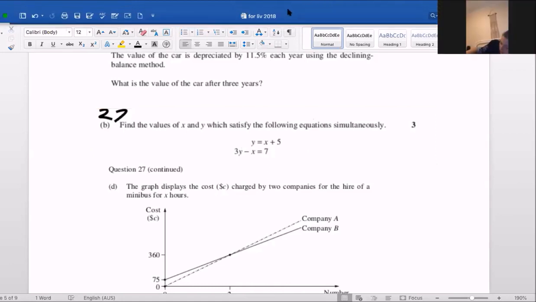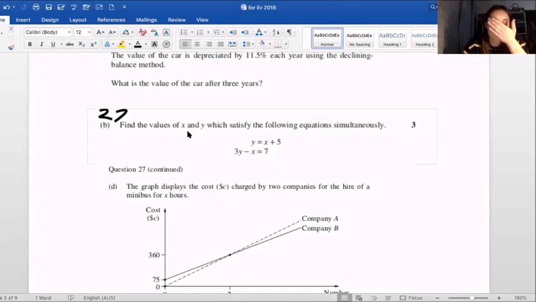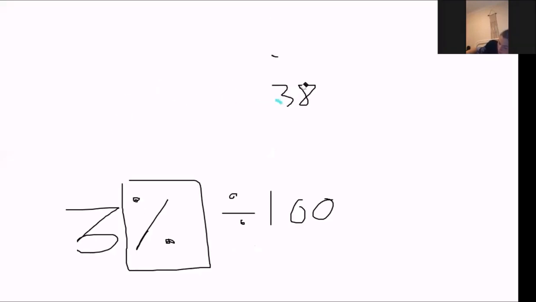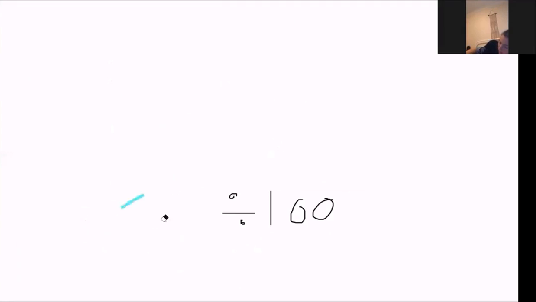Okay. So 3 bracket x plus 5 bracket, minus x equals 7. Yeah. And then expand it out and solve.